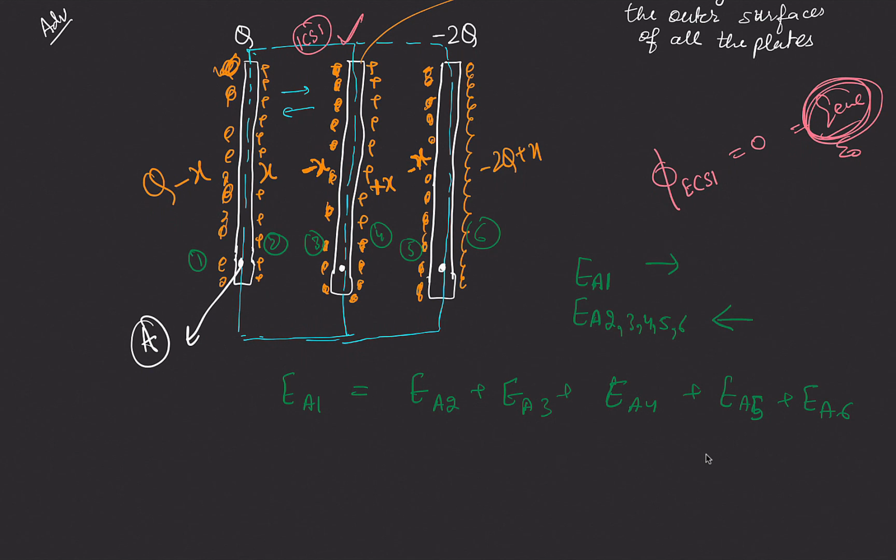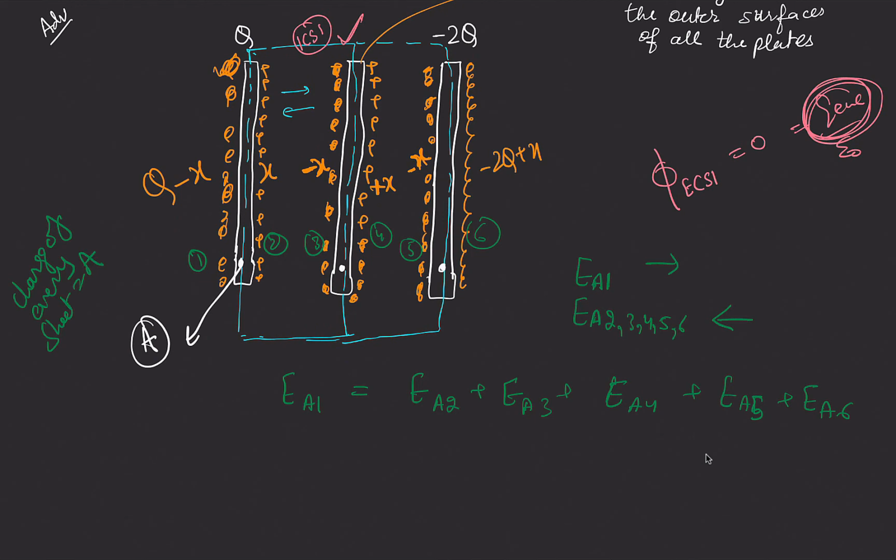This is a vector sum of electric fields, because electric field is nothing but a force. So the electric field due to the first sheet is sigma by 2 epsilon naught, and sigma is charge per unit area. Let's assume that the area of every sheet is A. It won't matter, it will cancel out.